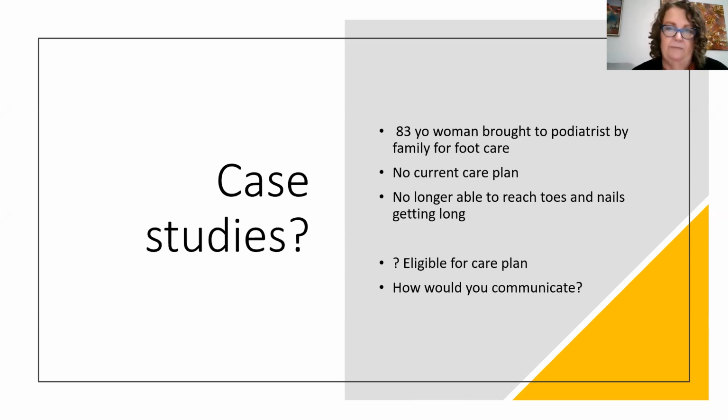But I mean, not all 83-year-olds have chronic health conditions, but many do. Osteoporosis, diabetes, ischemic heart disease, those sorts of things are all eligible for care plans and could all mean that it's appropriate to have a team care arrangement involving a podiatrist.